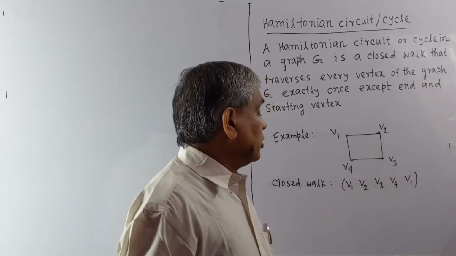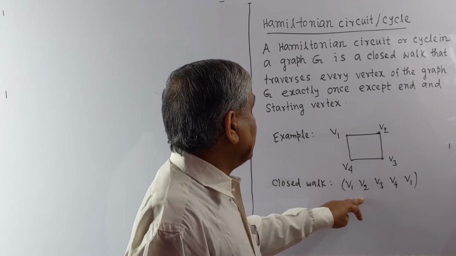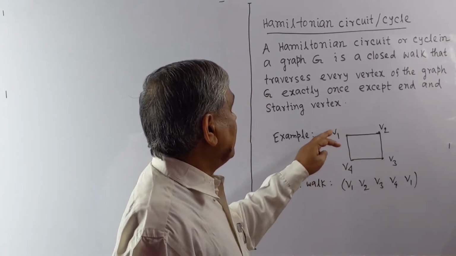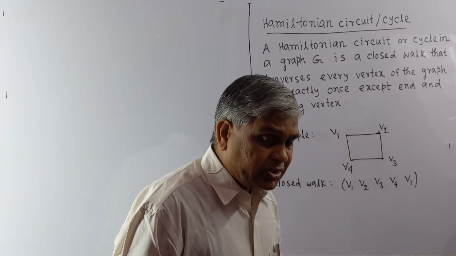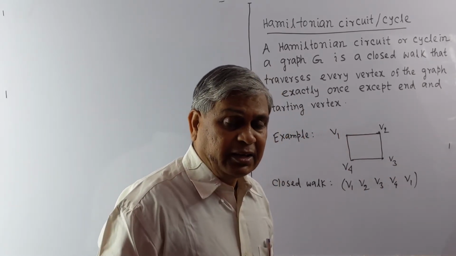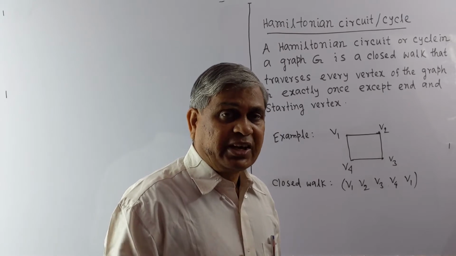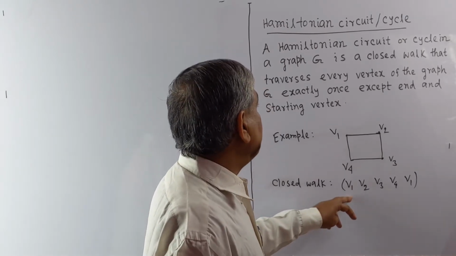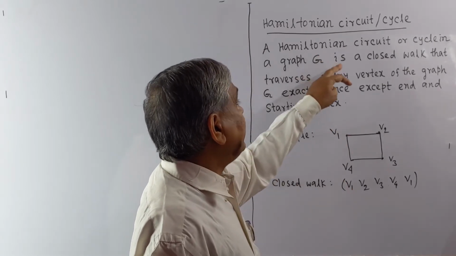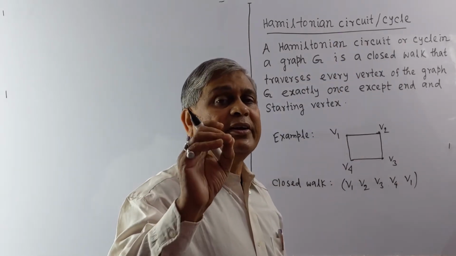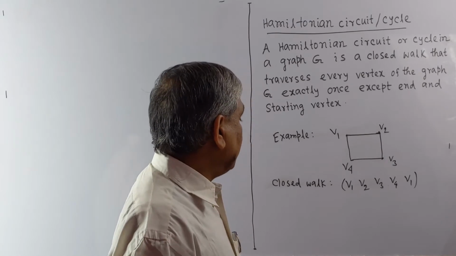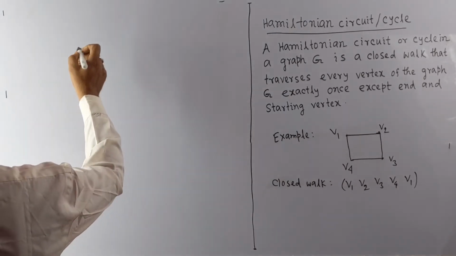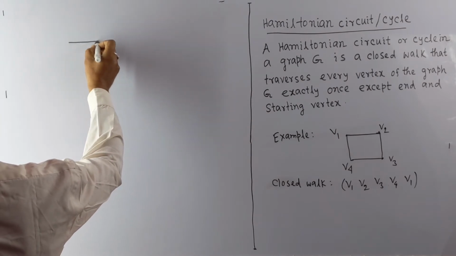So, this walk is a closed walk, and this is a circuit since no vertex is repeated except starting and end vertex. Therefore, this is a Hamiltonian circuit or Hamiltonian cycle. By another example, we may understand this. We have a graph.